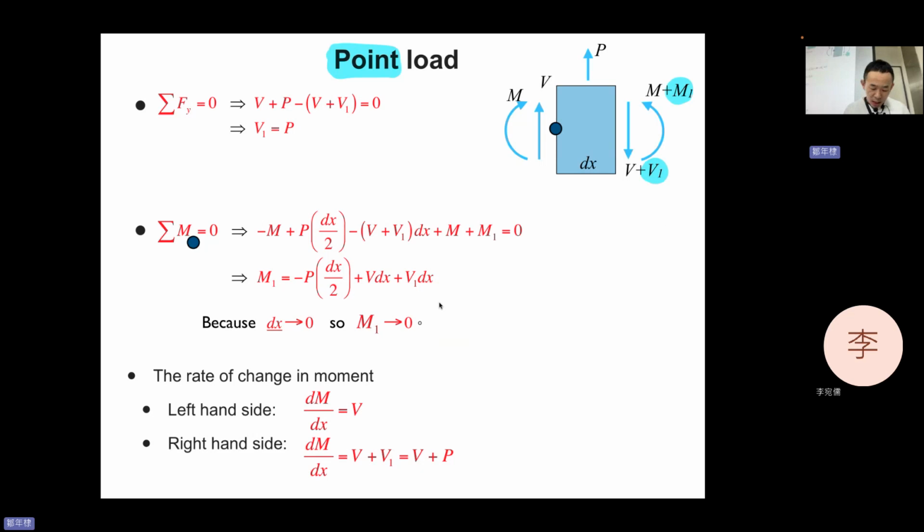So force balancing is that V minus V plus V1 is minus. So minus V plus V1, so V1 equal to P. Okay, you notice that this is another conclusion.